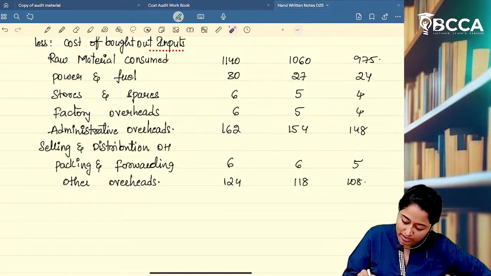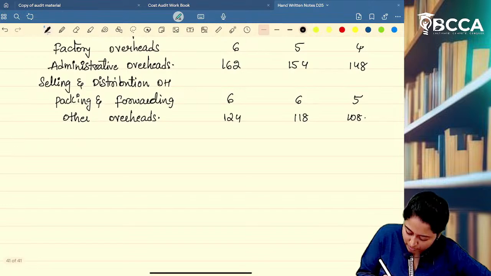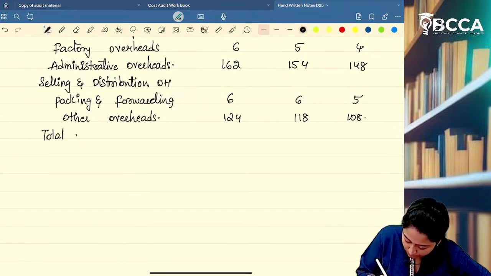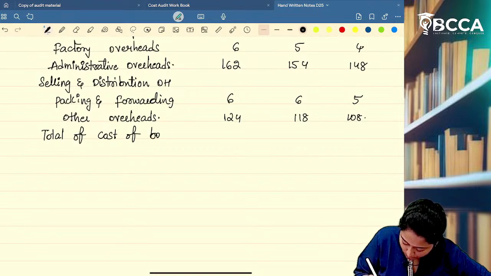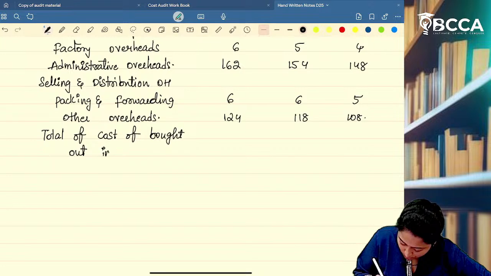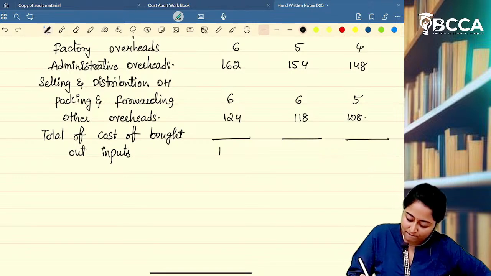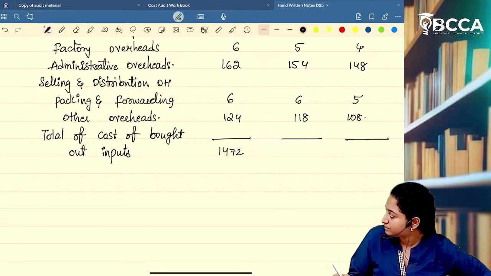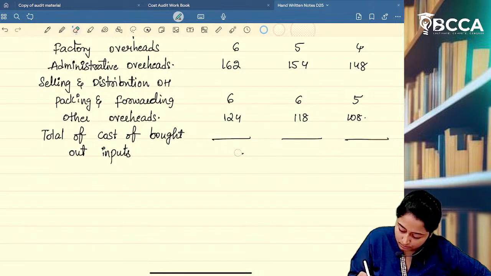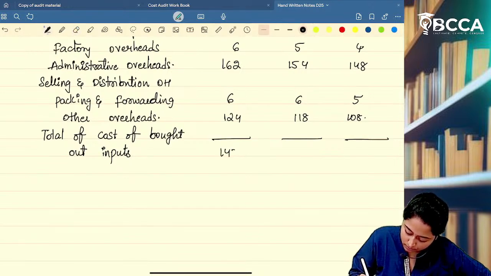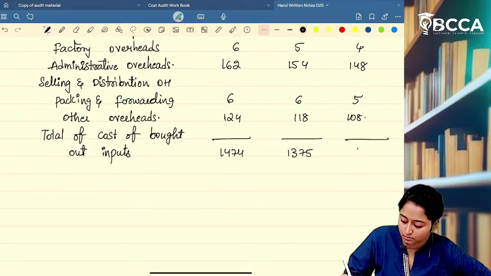Okay. Now tell me total of cost of bought out inputs. 1,472. 1,260.